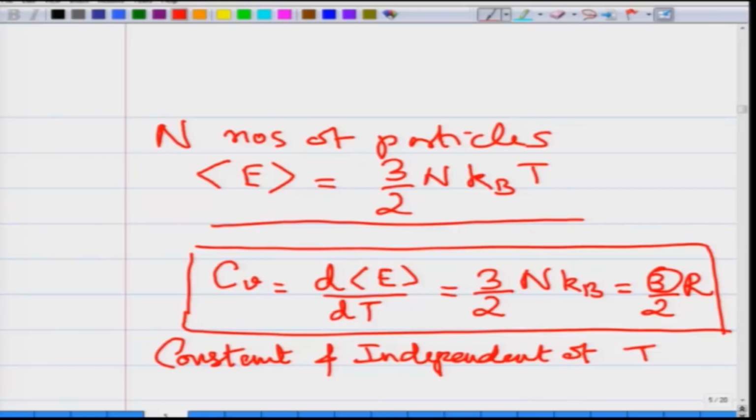This is as far as gas is concerned, where the particles are like hard spheres, far apart from each other, not interacting with each other and kept at a temperature T. Now, from this gaseous phase, let us start increasing the density of particles.